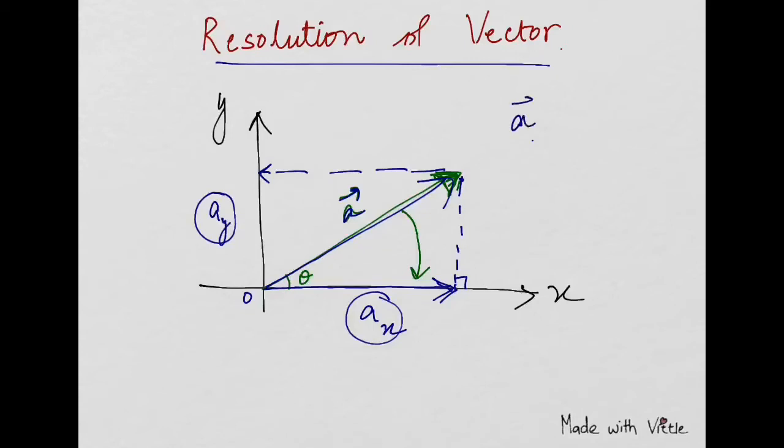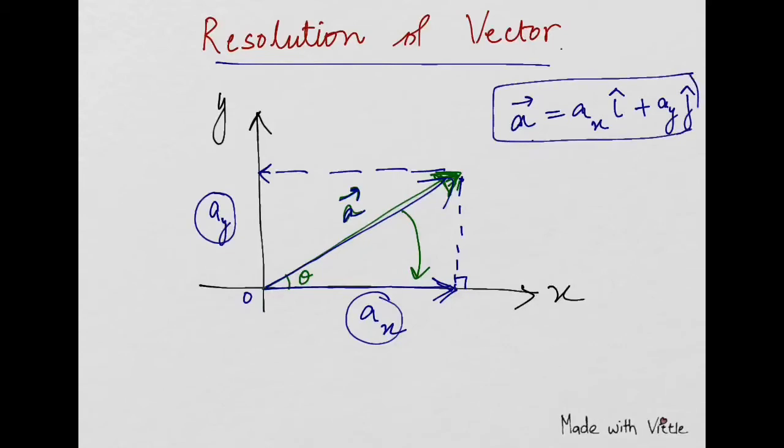This vector A is written as ax multiplied by the unit vector along the x-axis, i cap, plus the projection of this vector on the y-axis, which is ay, multiplied by the unit vector along the y-axis, which is j cap. So this is how you represent a vector quantity if you are able to resolve it on the x-axis and y-axis. This ax is the x component of vector A, and ay is the y component of vector A.